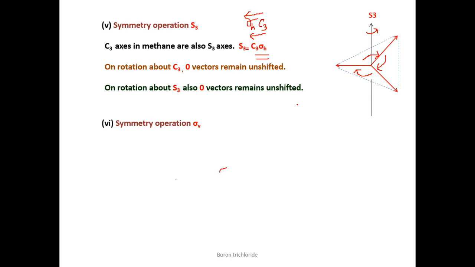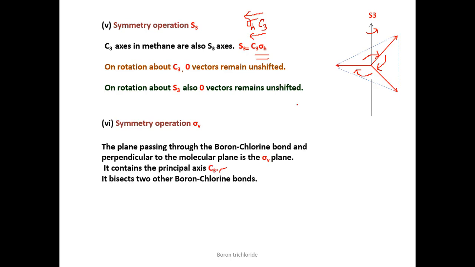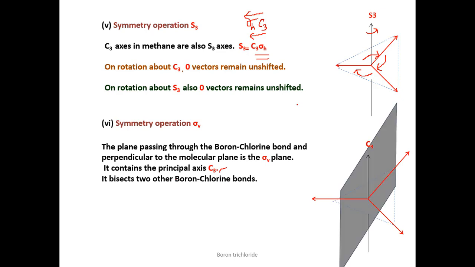The next operation is sigma v, the vertical plane of symmetry. In the case of BCl3, the vertical plane of symmetry contains a boron chlorine bond. For example, if you assume boron to be present here and chlorine to be present here, the boron chlorine bond will be present in the plane and will bifurcate two other boron chlorine bonds, two other vectors.